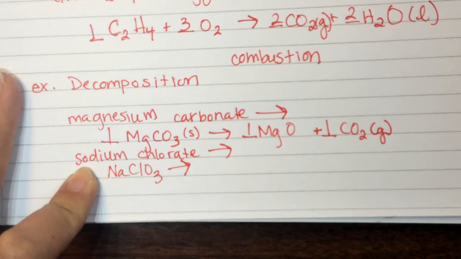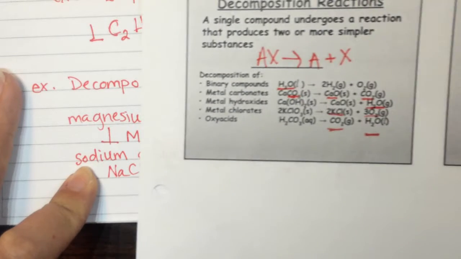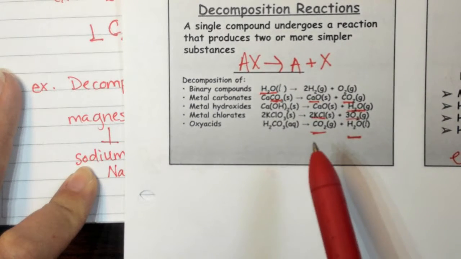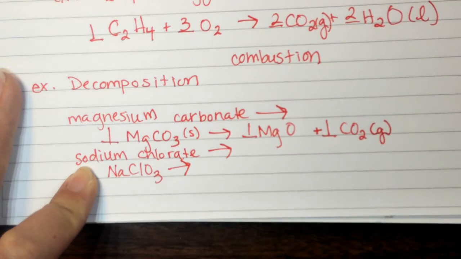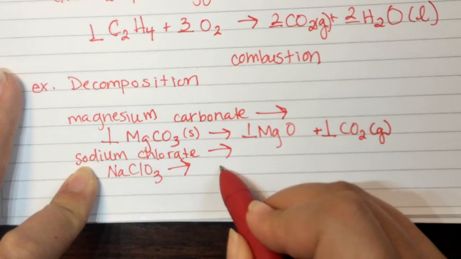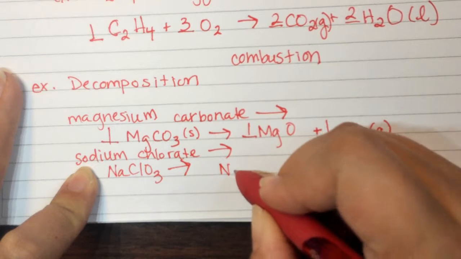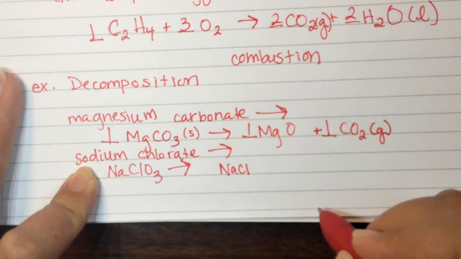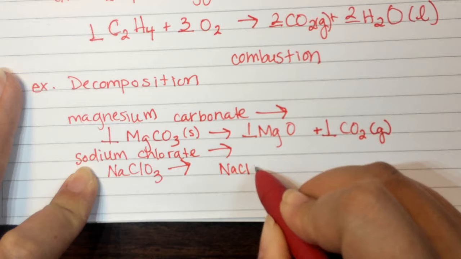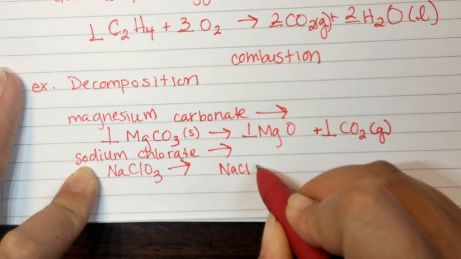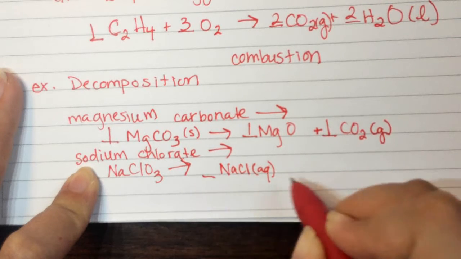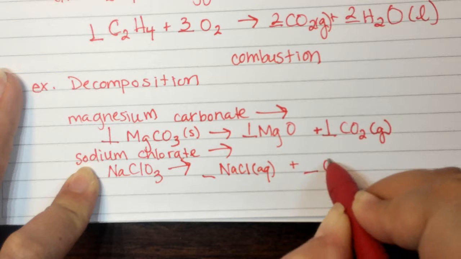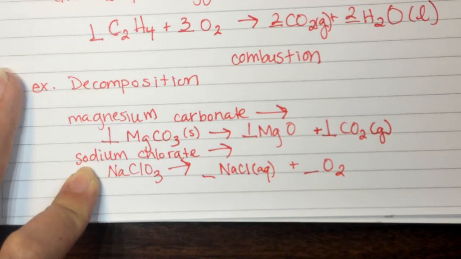With our chlorates, if you look back at your notes, chlorate is always going to form the metal and chlorine and oxygen. So my metal and chlorine is NaCl, so table salt. And usually this is going to be solid or aqueous. Okay, looking at solubility, it's aqueous. And then oxygen always comes with chlorates as well.